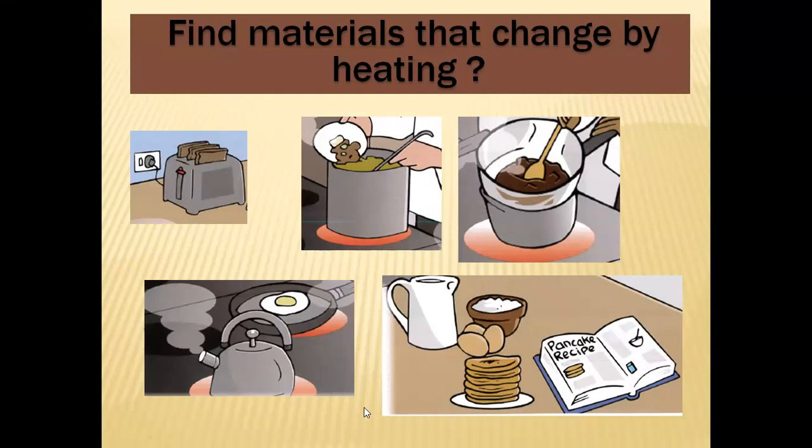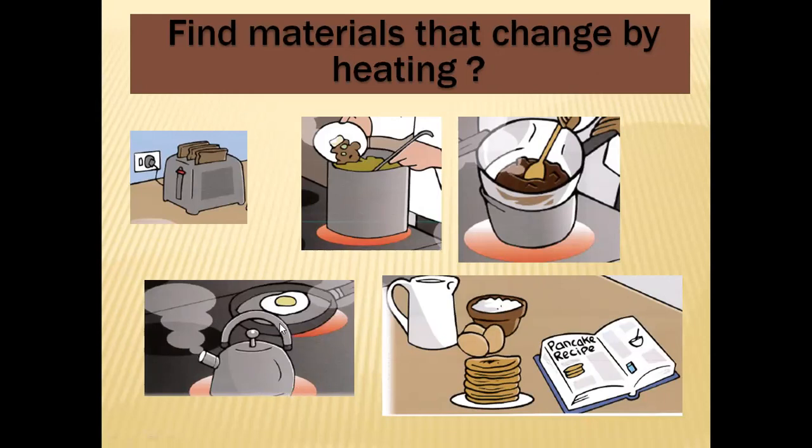Here you can see in the fourth picture, an egg. The egg is mostly liquid, and there are a little bit of solids, but when you break it and put it in the fry pan, what happens? The liquidy or jelly type of egg takes the shape of a solid. You can see here, it takes an oval shape and the egg is cooked.